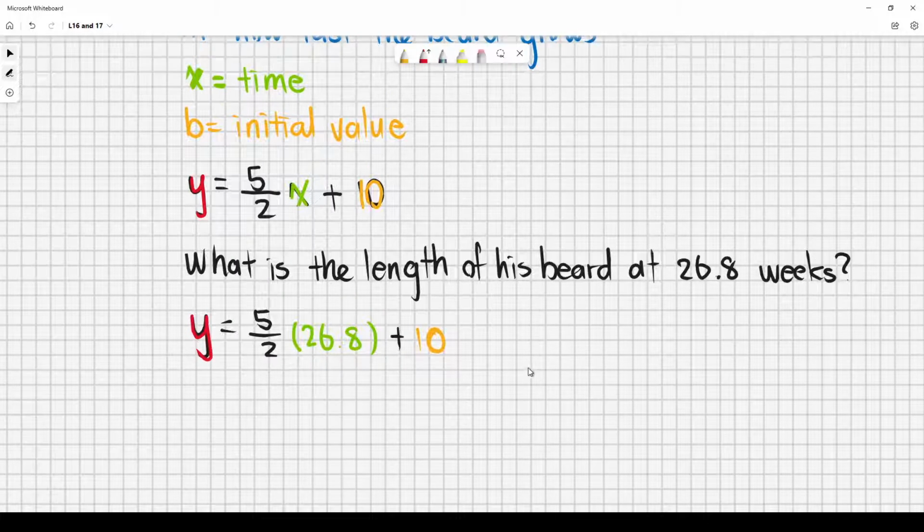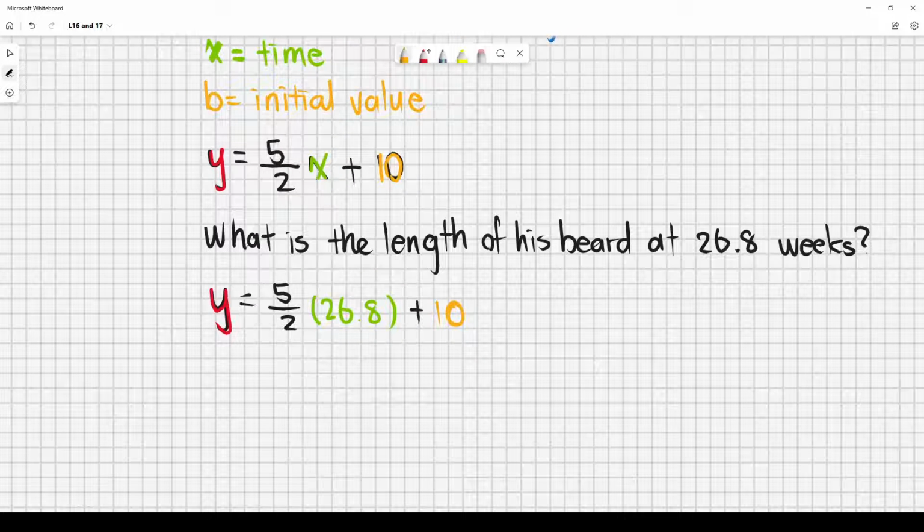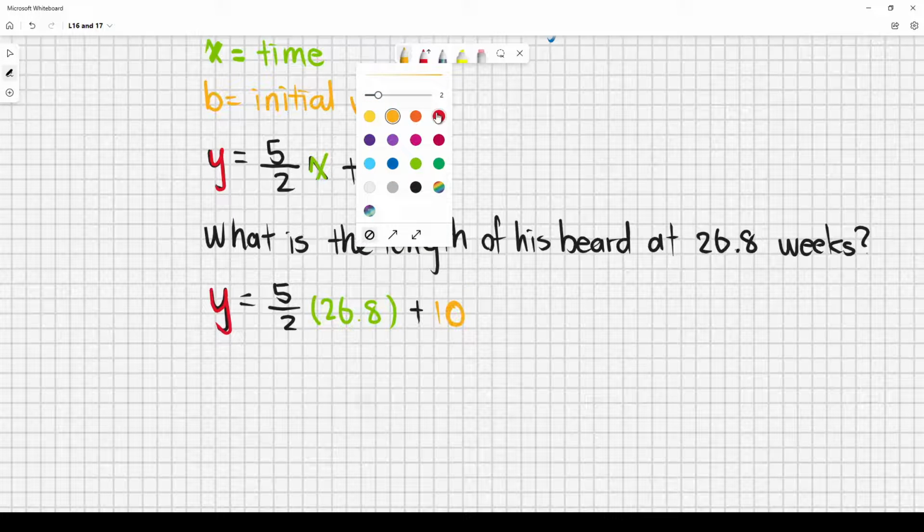So as long as you calculate this, you get the length of his beard. And this value here comes out to be, so it's not a nice number, so I will use a calculator. It's okay to use a calculator.